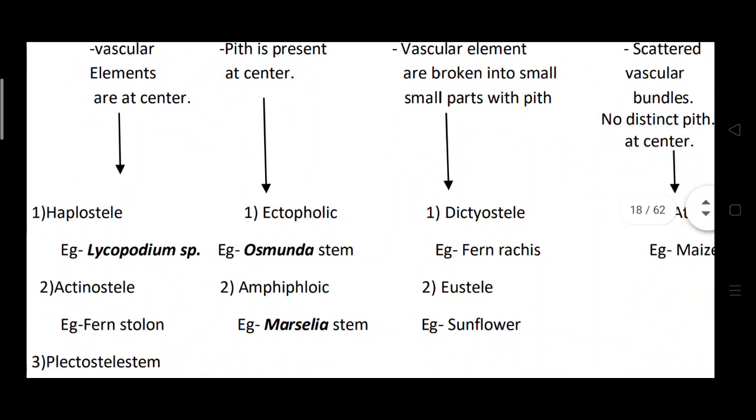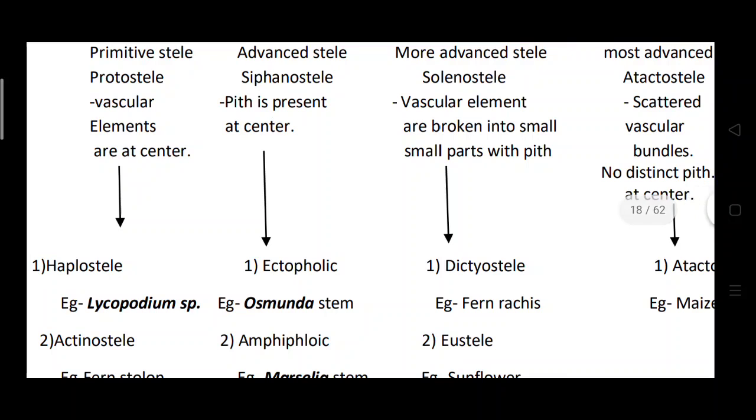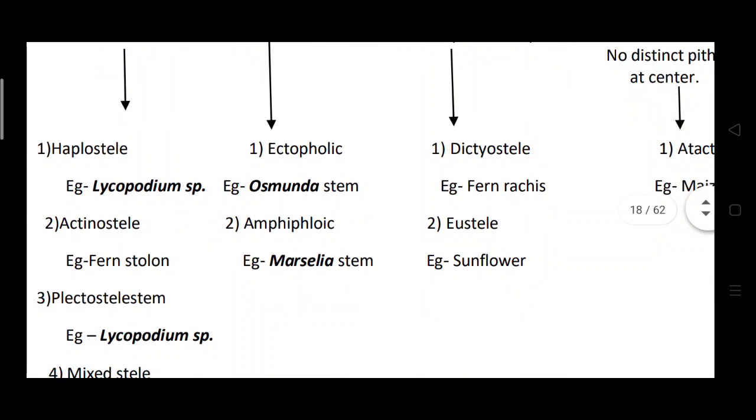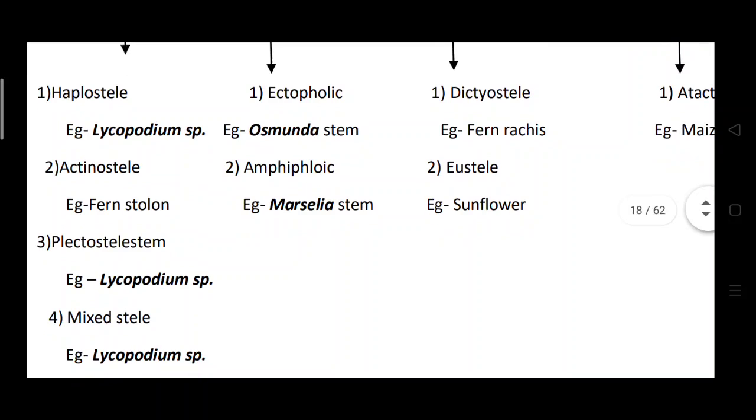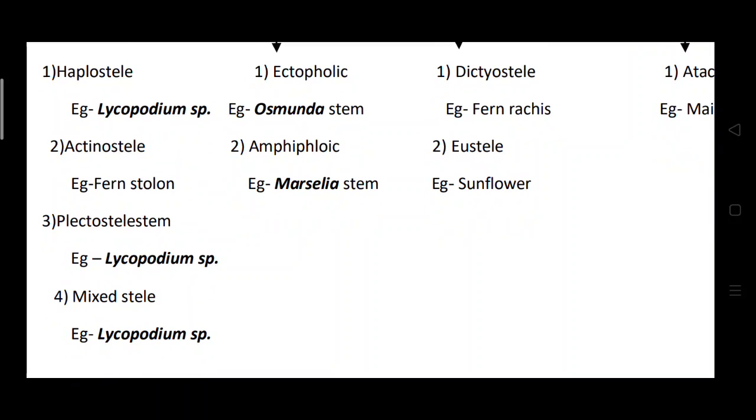Then the protostele is again divided into four types. The first one is the haplostele, whose example is the Lycopodium species. The second type is the actinostele, whose example is fern stolons.